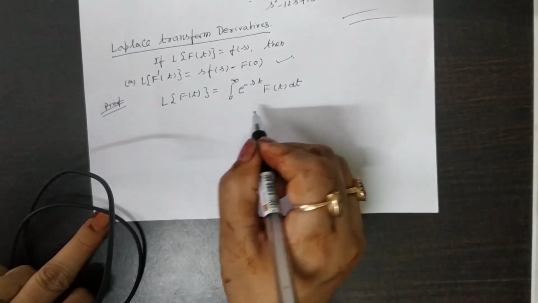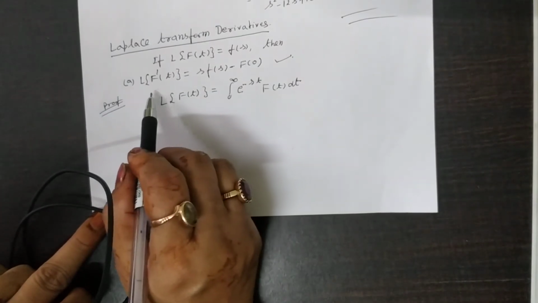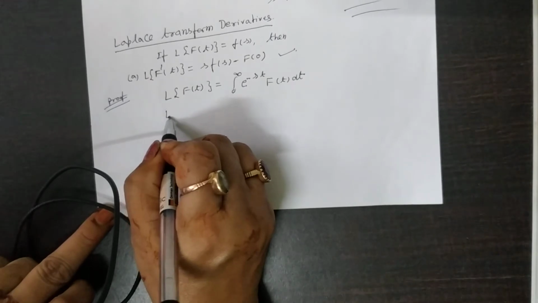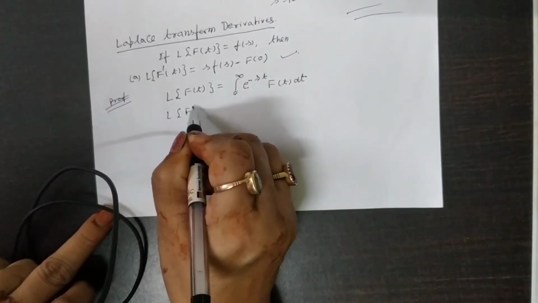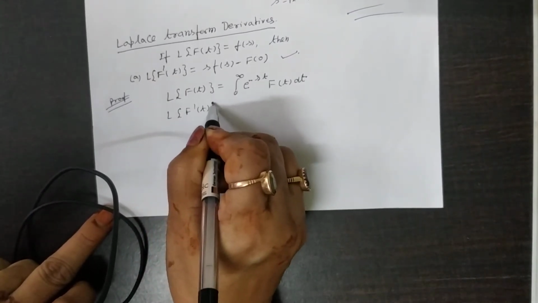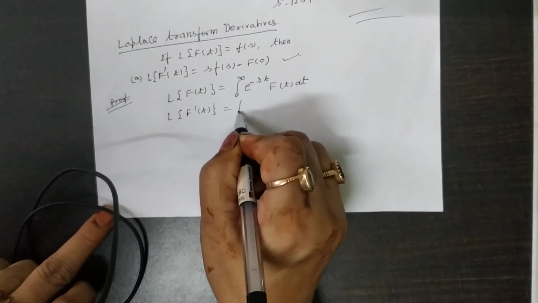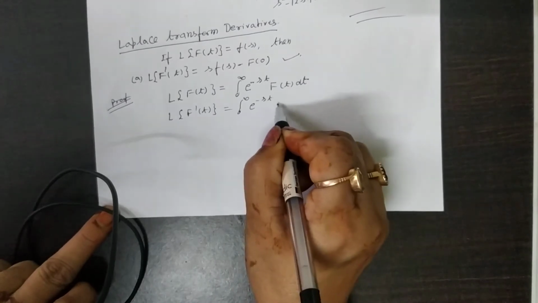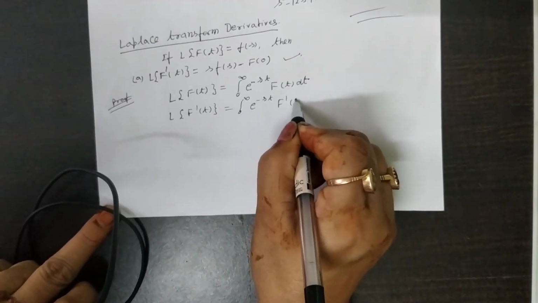Here we apply Laplace of f dash t, which can be written as the integral from 0 to infinity of e to the power minus st f dash t dt.